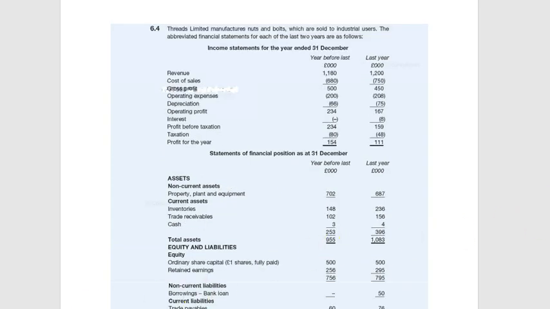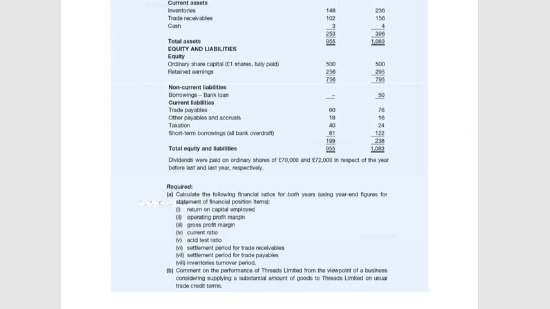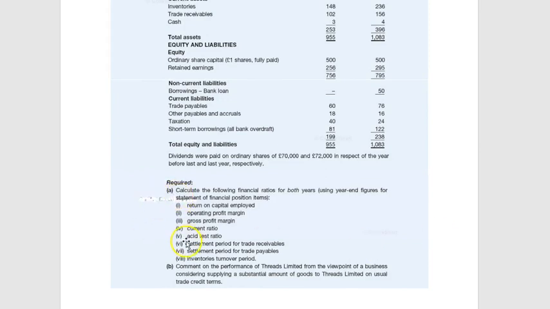And then for 6.4, you have a list of ratios that are asked for, and again a comment on the performance. And again, you should provide a reasoned summary and comment on what these ratios mean.